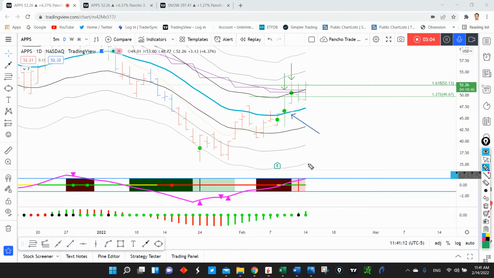Also, what is really important to notice is these dots that I have right here in my bars, these red, blue, and green bars that I have in my chart are the 10x bars. These bars were developed by John Carter at simplertrading.com. The dots are telling me that we're having really strong volume coming into the name.